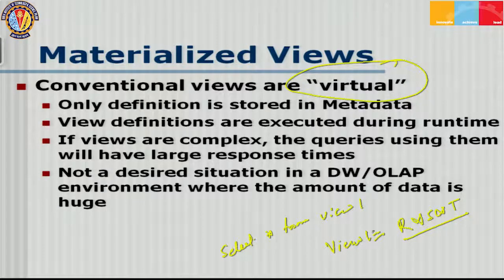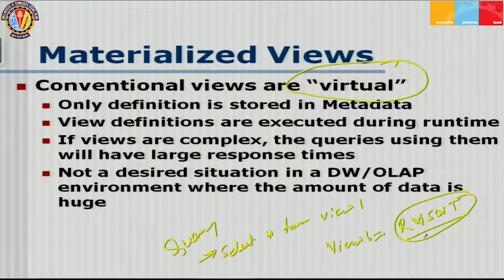So you can see that if I do a query select star from view 1, then this join would be executed. This is a kind of a join between three tables, or multi-table join. So this join would be executed, and then once it is executed, the result will be shown to the user, right?